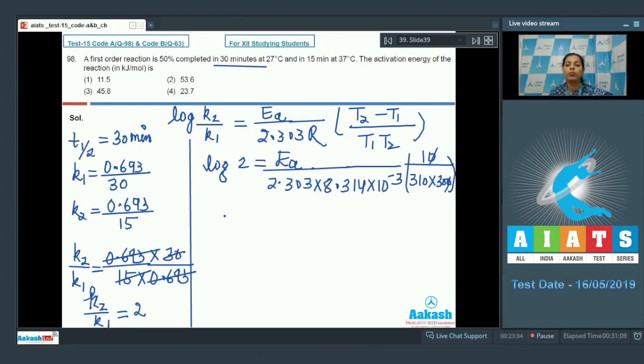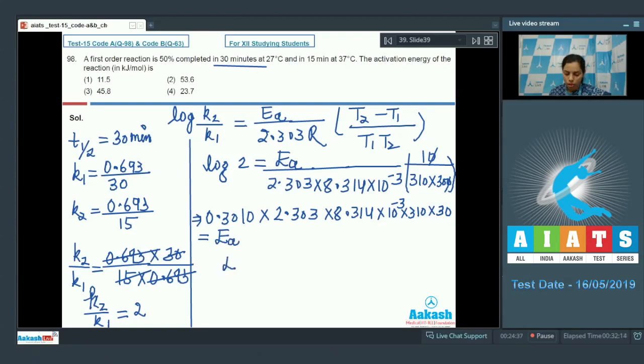Now just solve this for the value of Ea. Here log 2 is given. What's the value of log 2? You know that we can take 0.3010 here, and these values come into 2.303 into 8.314 into 10 raised to the power minus 3, then multiply 310 and 30 and divide, and this value is equal to Ea.